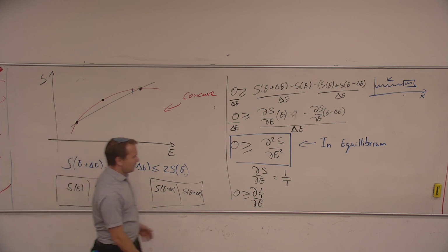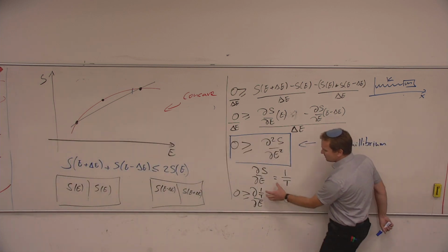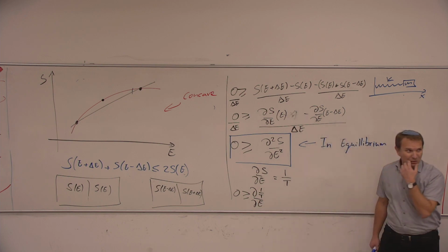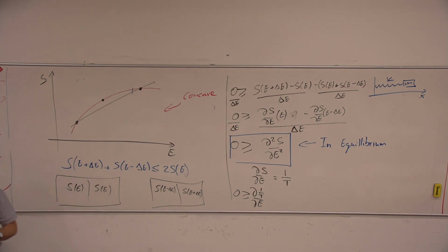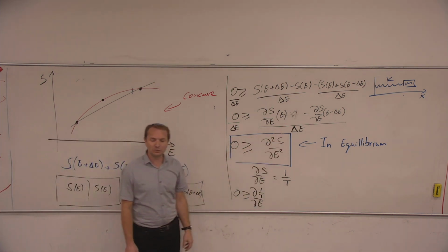Now I can make those claims. So what we're getting is some derivative of what? Of an intensive parameter with respect to some extensive parameter, energy. So this is not something very useful because we don't really know how to operate with entropies. Okay, so we need to do something else.